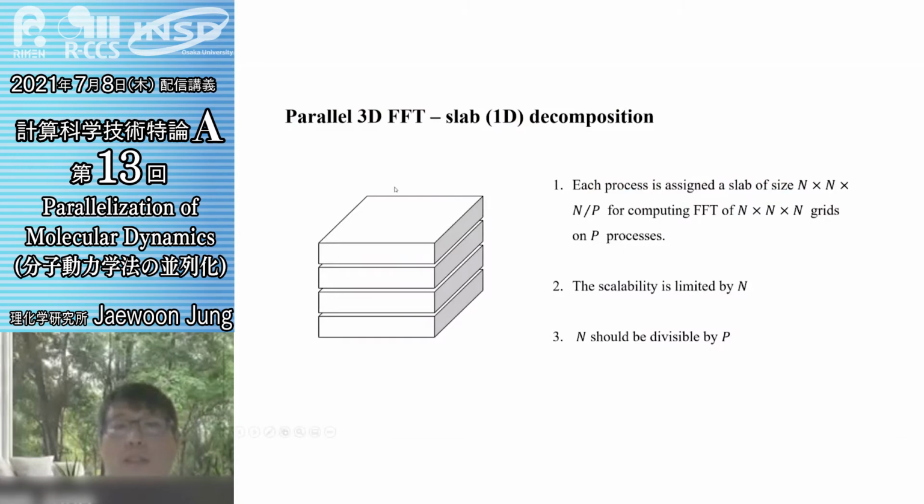So this is the whole grid data, and we just divide it along the x dimension. So in this case, the scalability is limited by just the number of grids. And this number of grids should be divisible by the number of processors. So this one is good for using a very small number of processors. But if you want to use a very large number of processors, then I do not recommend using this parallelization scheme.